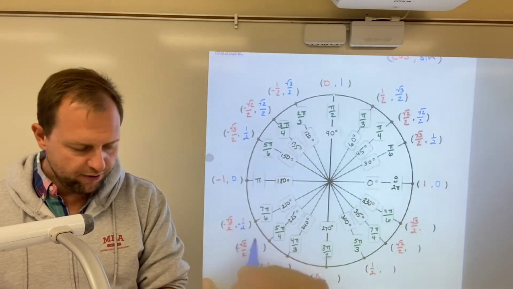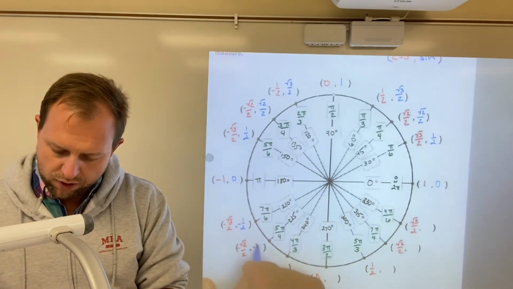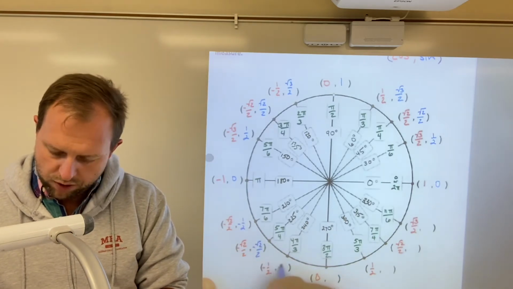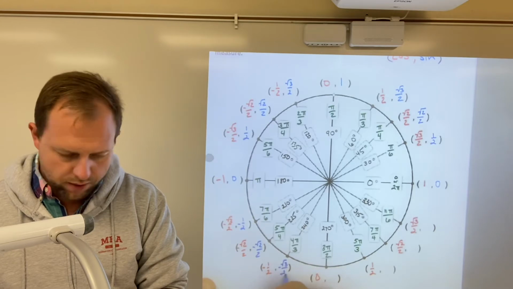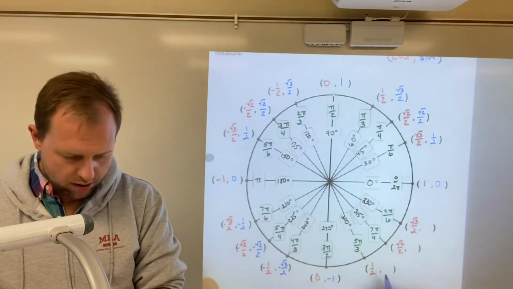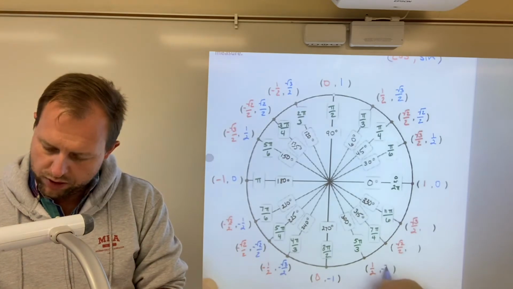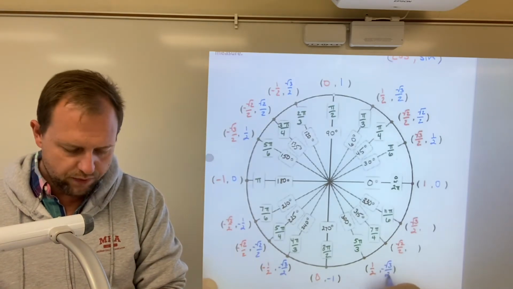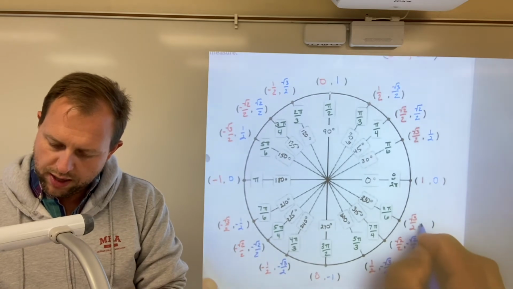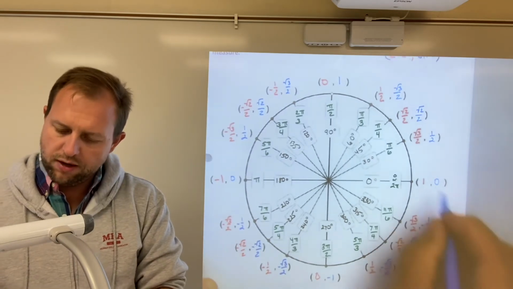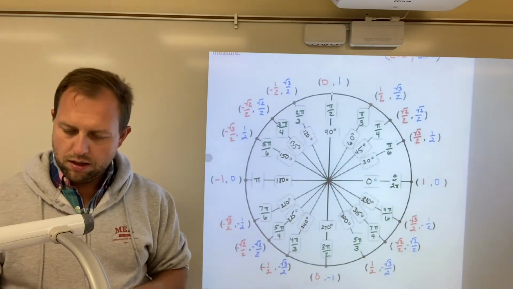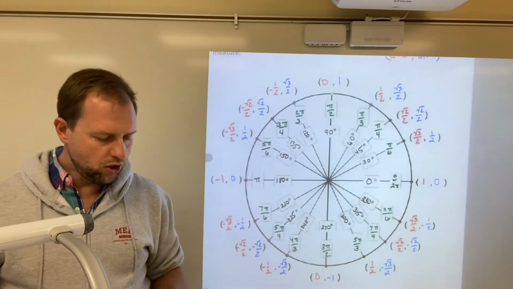Negative 1/2, negative root 2 over 2, negative root 3 over 2, negative 1, negative root 3 over 2, negative root 2 over 2, negative 1/2, and back to 0. That is the unit circle.